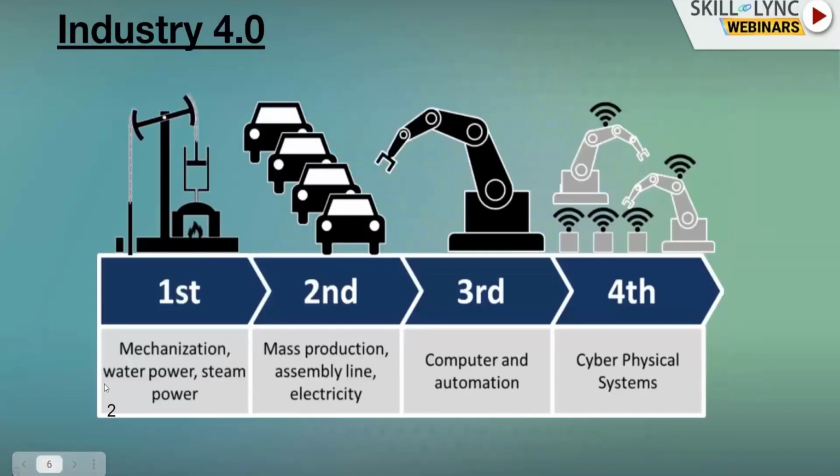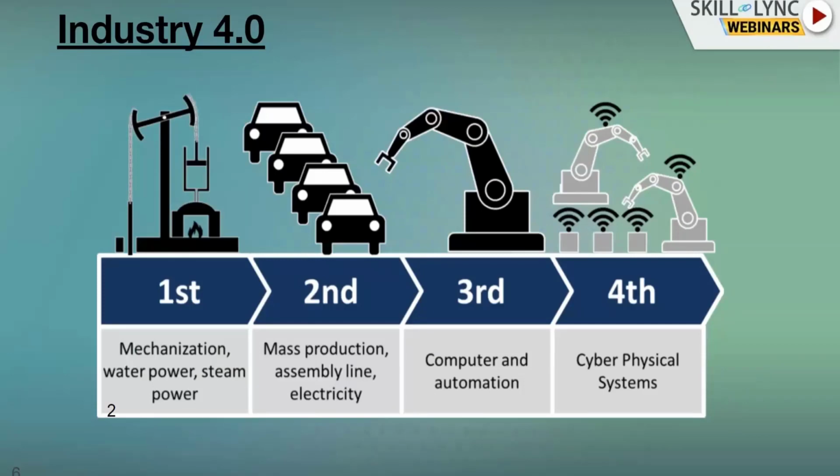Yep. So let's see. You can see the fourth stage, right? So the fourth stage on the right end, which is cyber physical system. That is what we are in now, which is Industry 4.0. What Industry 4.0 is, and what a digital twin has to do with Industry 4.0, I will just explain.